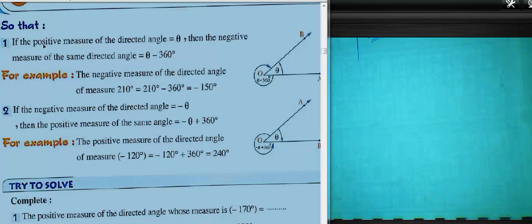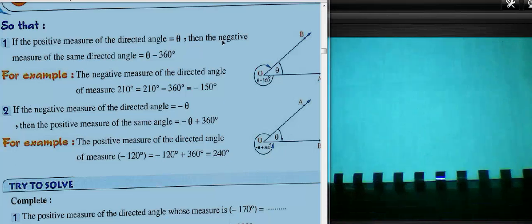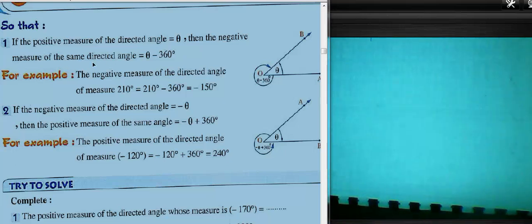So if the positive measure of a directed angle equals theta, then the negative measure of the same directed angle equals theta subtract 360. For example, the negative measure of the directed angle of measure 210 equals 210 subtract 360, equal negative 150.